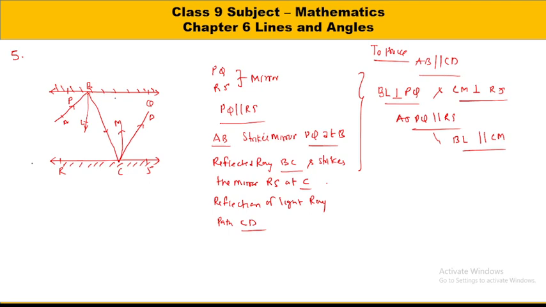Now BL and CM are parallel to each other, and through these parallel lines we can see that BC is transversal, on the basis of which I can say that angle LBC and angle MCB are equal. These are alternate angles.